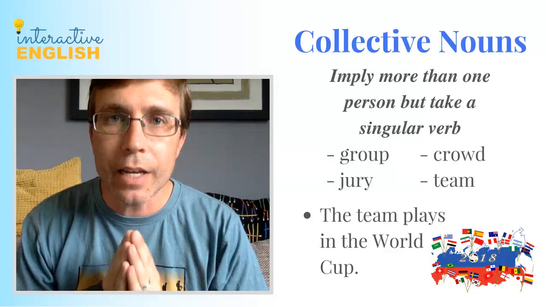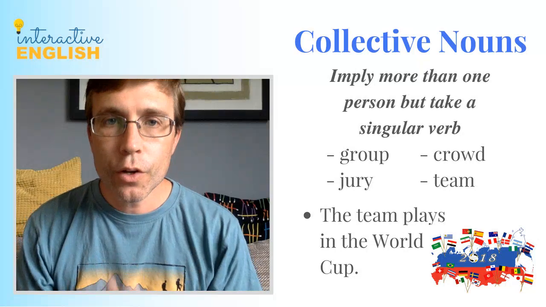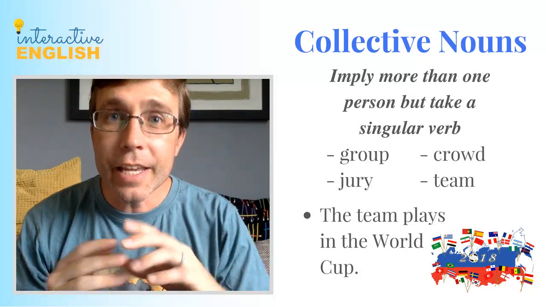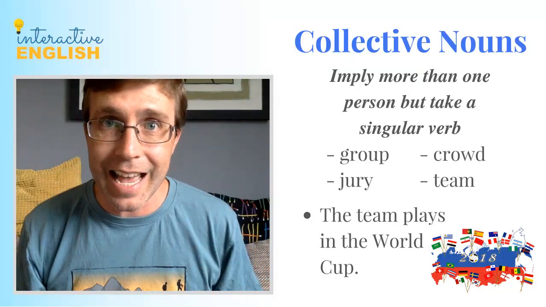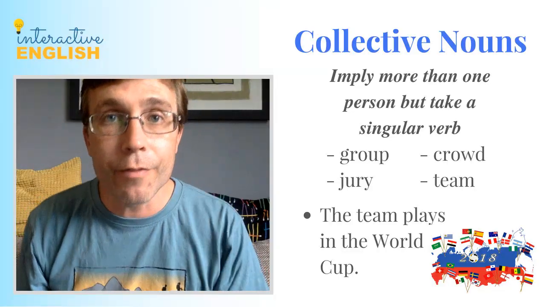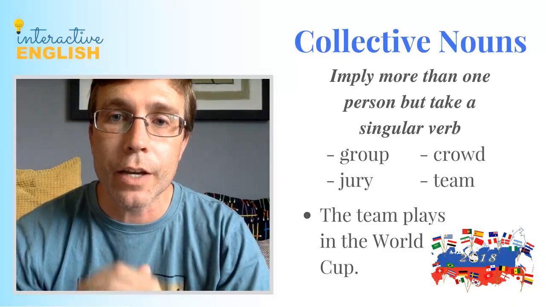However, group is a collective noun that takes a singular verb. Group, jury, crowd, team, okay? We can still make these collective nouns plural by adding an S. And so if we said groups, then we'd have a plural verb, okay? But just that collective noun group, it's going to take the singular verb.